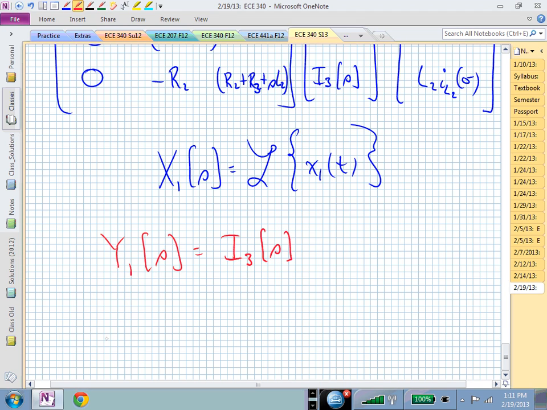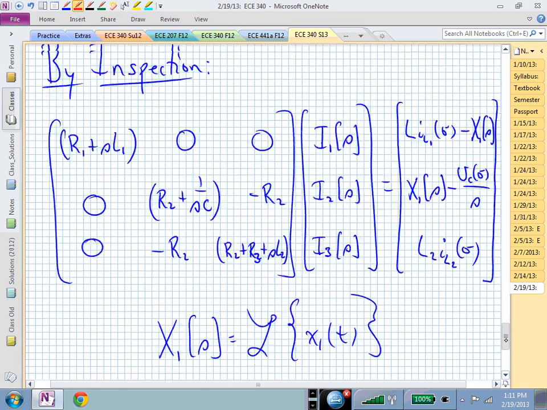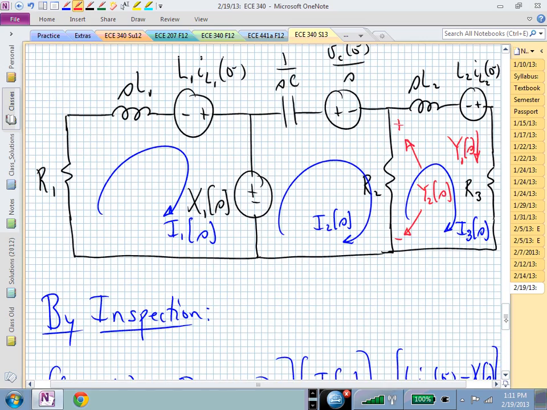What about Y sub 2? That's not much more difficult, is it? It's now the drop from top to bottom, and what's the way to find that drop? We just have to remember which current goes where, correct? It's going to be the net current going down in that resistor R sub 2.